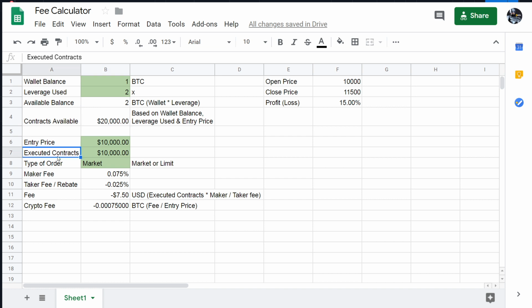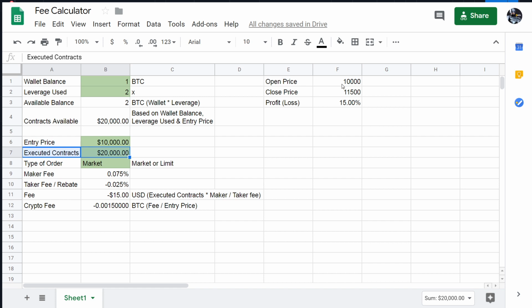So as far as executed contracts go, I'm going to use all of my available balance and put on a $20,000 position. That's how much it's executed at an entry price of $10,000, which means Bitcoin is trading at $10,000 when I make this $20,000 position. All right.